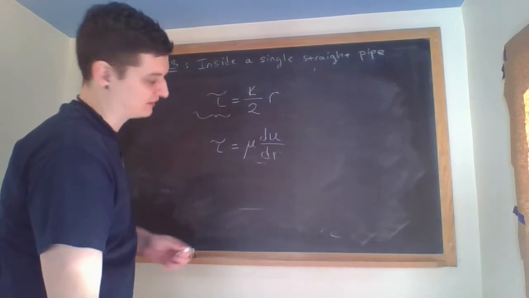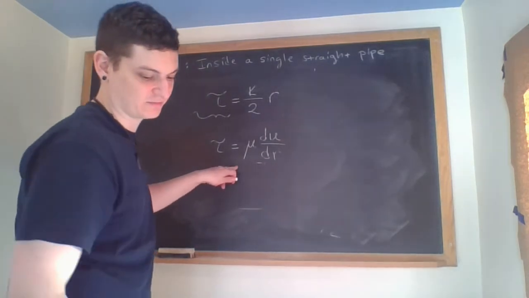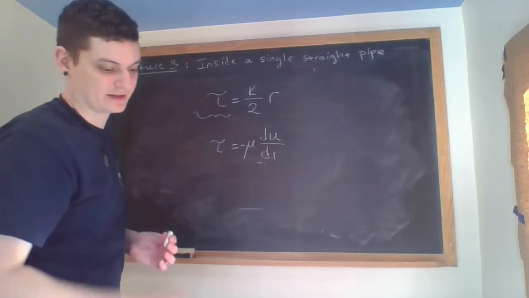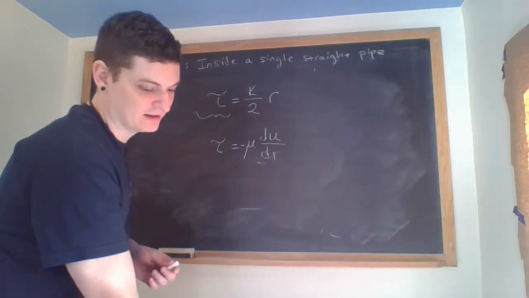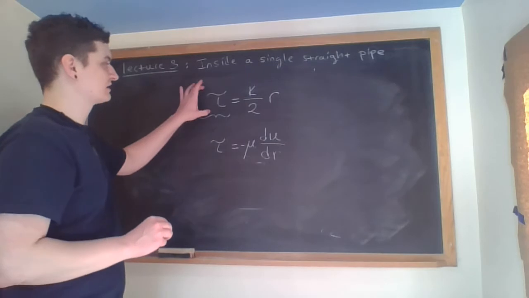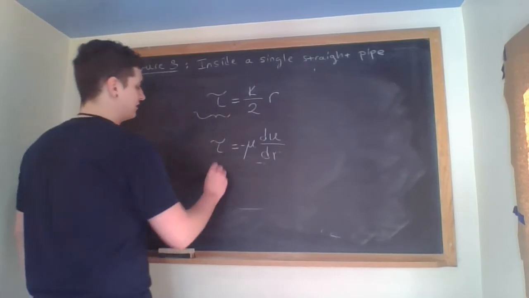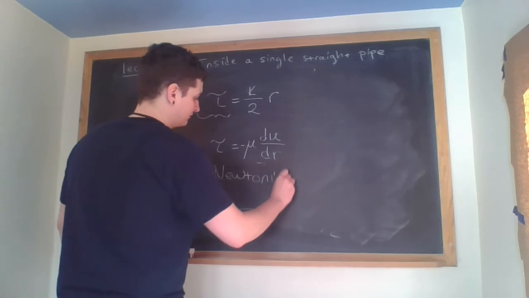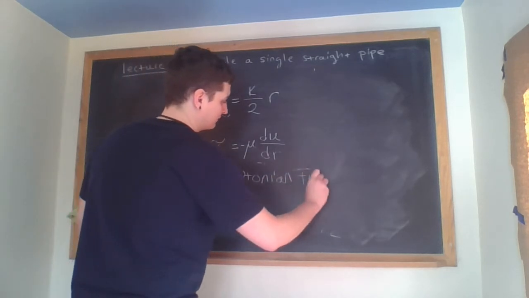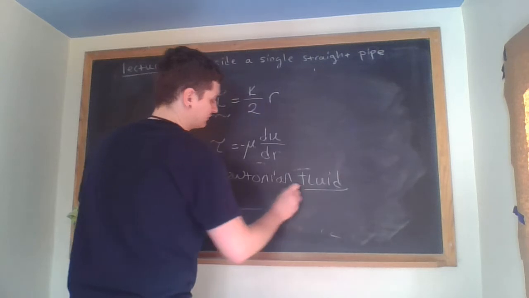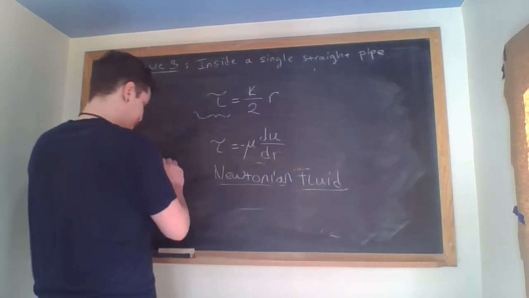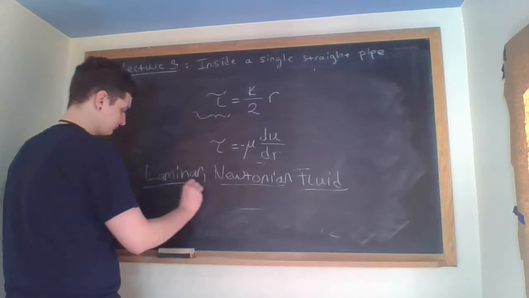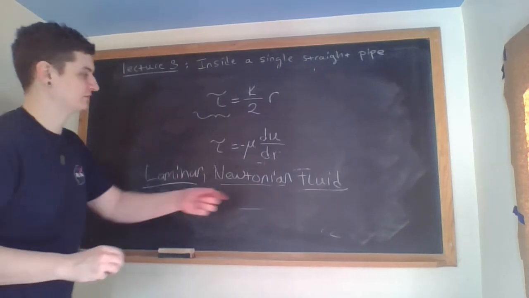We don't care about that because we're going to do the simplest one we have, and sorry, there should be a negative right there. So we've made our assumption of what the shear is, and we're going to call it a laminar Newtonian fluid.